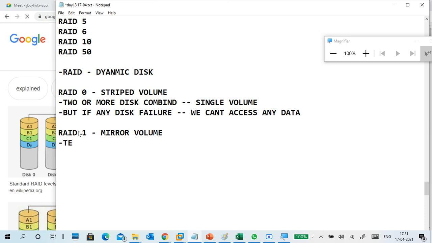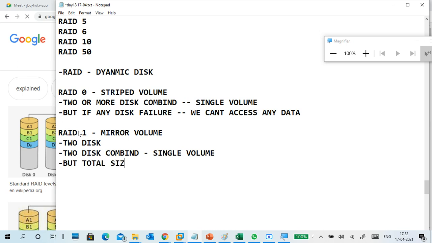Here we use only two disks. The combination of two disks combined will make a single volume.